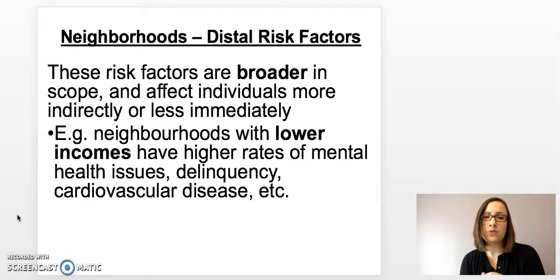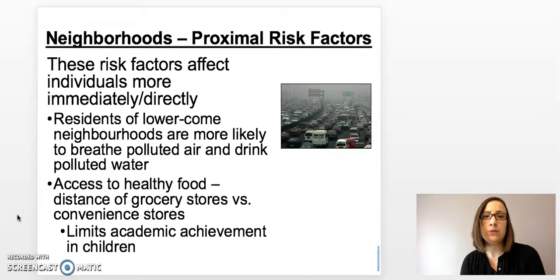Even something as striking as cardiovascular disease, right? Heart and lung disease. These things are higher in neighborhoods with lower income. So we're really concerned with these kinds of issues, right? Because these should, generally speaking, be preventable issues.